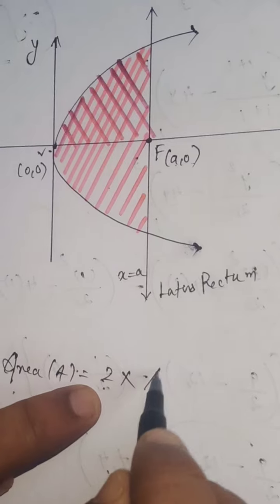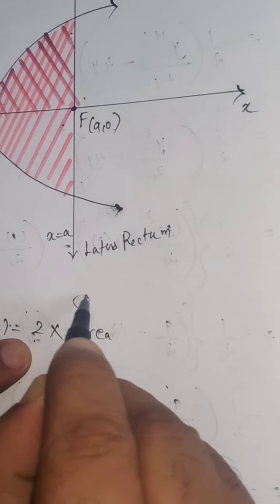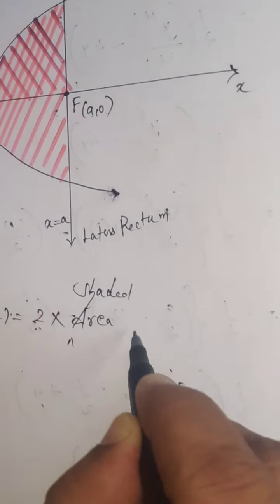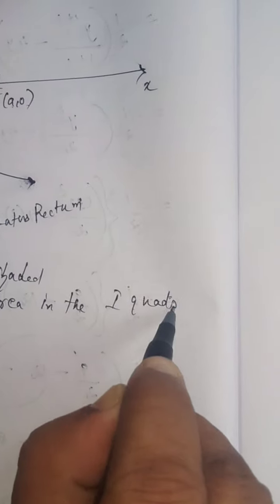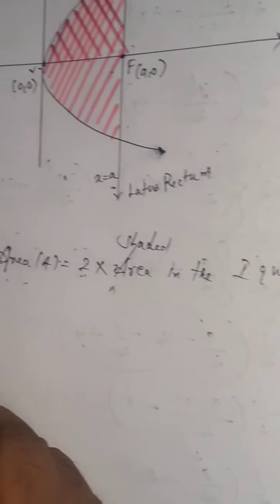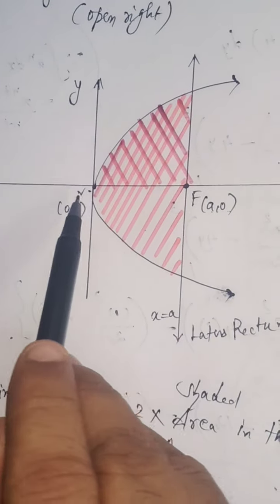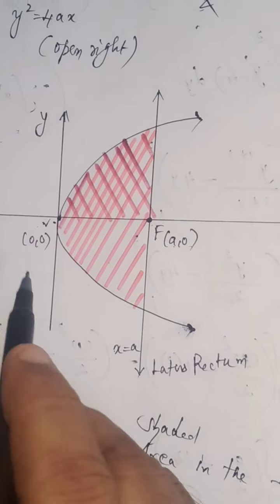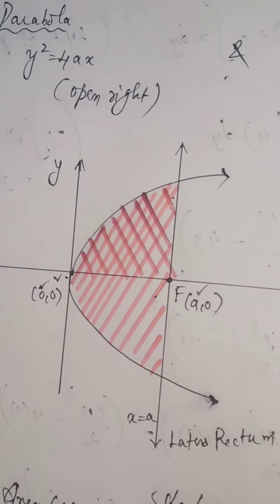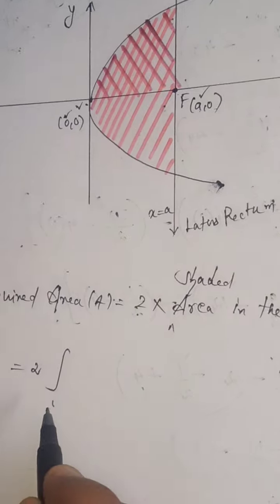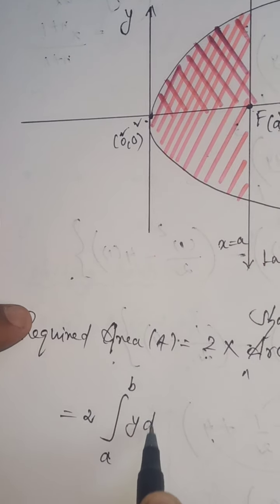2 into the shaded area in the first quadrant equals 2 into this area. Since we are considering x limits, what is the x coordinate here? 0. Here the x coordinate is a. So 0 to a. First you mention the formula, integral a to b y dx.